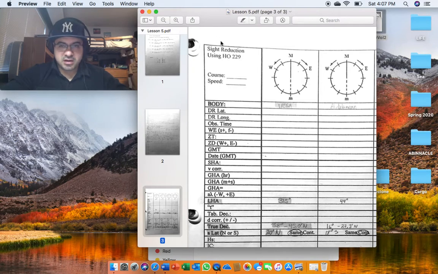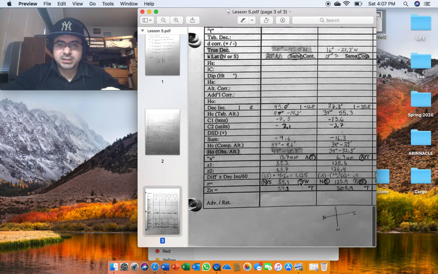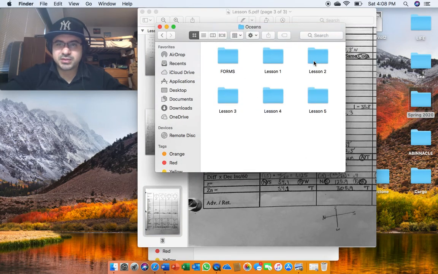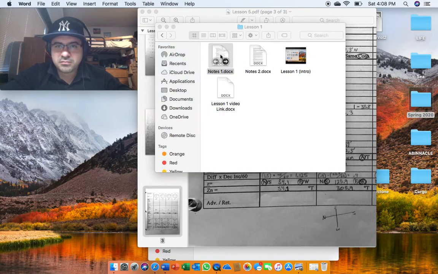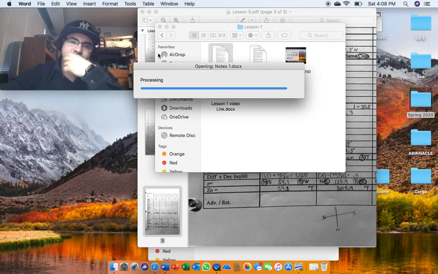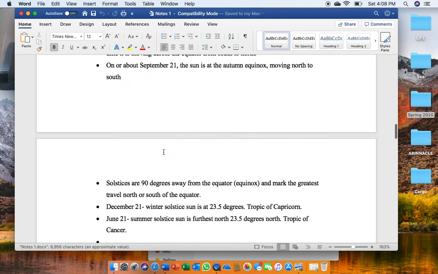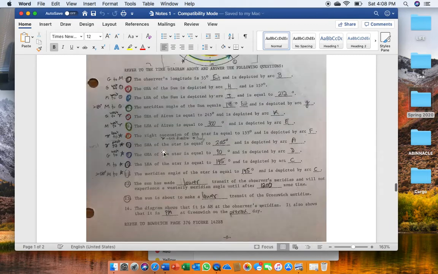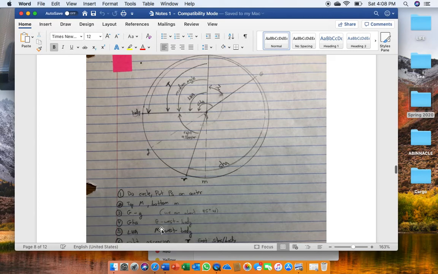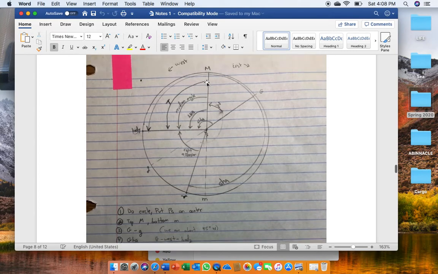Now this is where lesson 1 is going to come into play, right? Because let me just pull it up. It's going to be simpler to observe. Lesson 1. So if you look at lesson 1, remember that your LHA from this diagram, you see how LHA says M? It's right here.